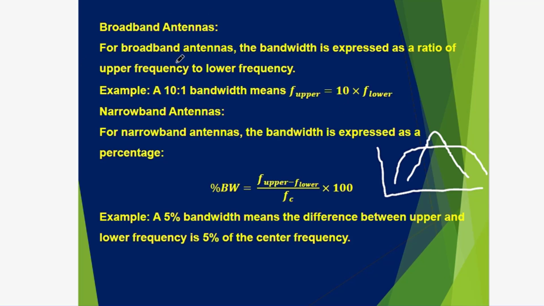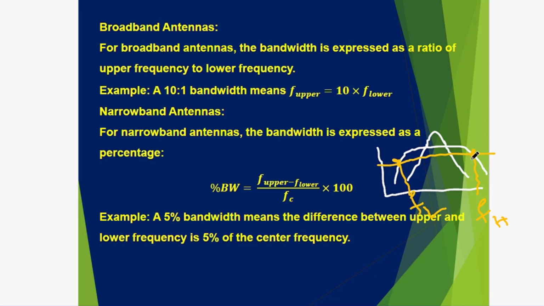So for broadband antennas, the bandwidth is expressed as a ratio of upper frequency to lower frequency. Suppose this is the response, and here this is called the upper cutoff frequency FH, and this is the lower cutoff frequency FL.